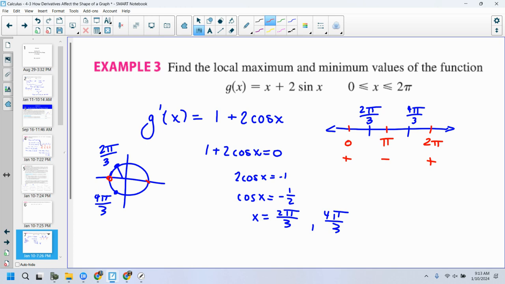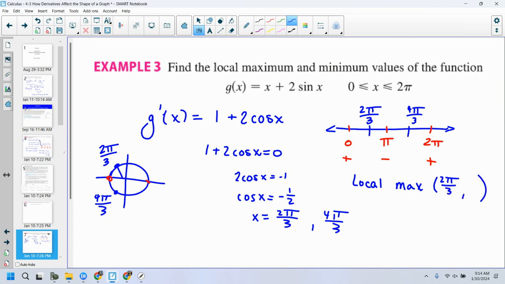I can tell you definitively that, what is 2 pi over 3? Is that a maximum or minimum? Well, it was increasing, then decreasing. Increase, then decrease means maximum point. There is a local max at 2 pi over 3, comma something.